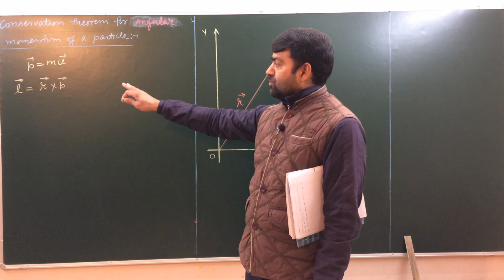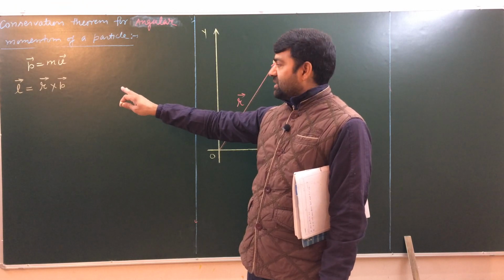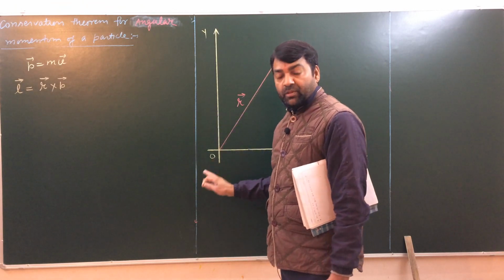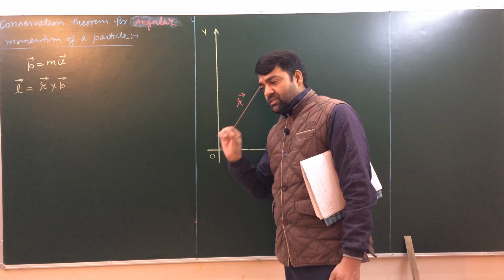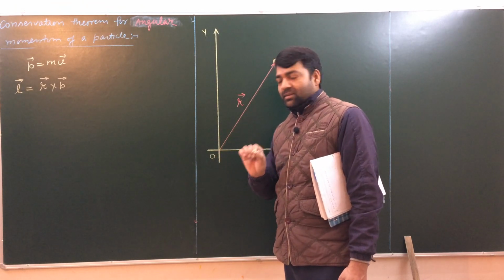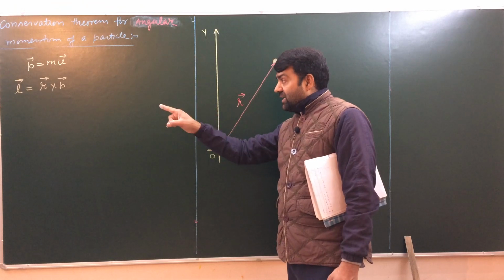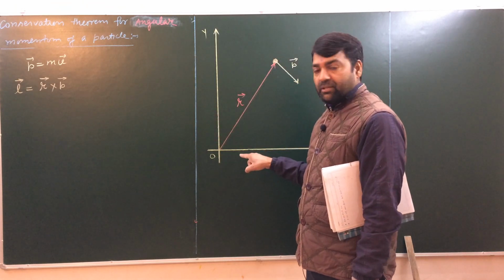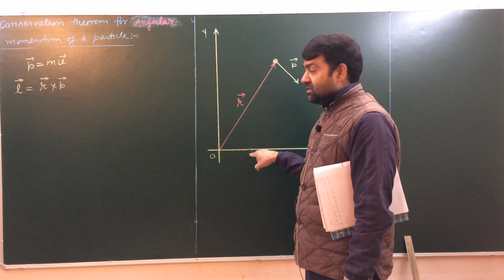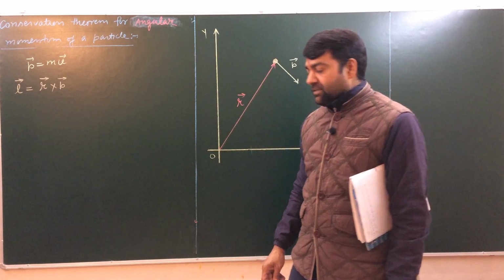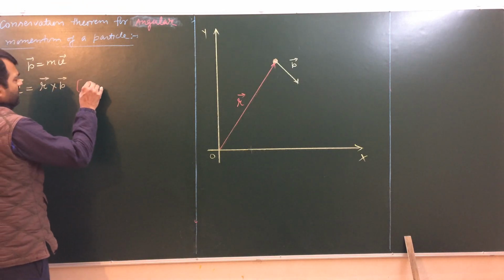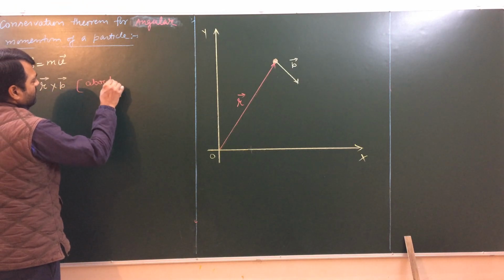Student, l is r cross p, where r is the position vector from point O and p is the linear momentum. We must mention that this l is about this point O, because if I take O at a different point, then our l will be different.